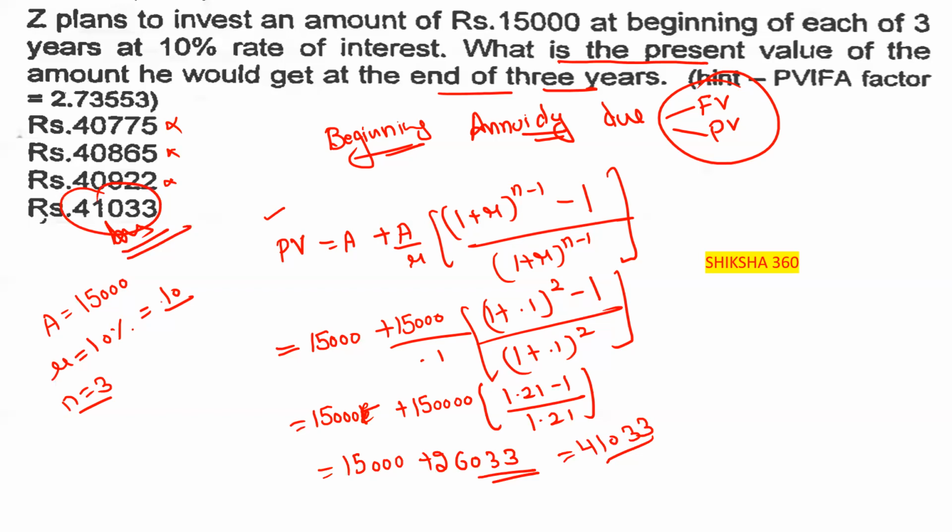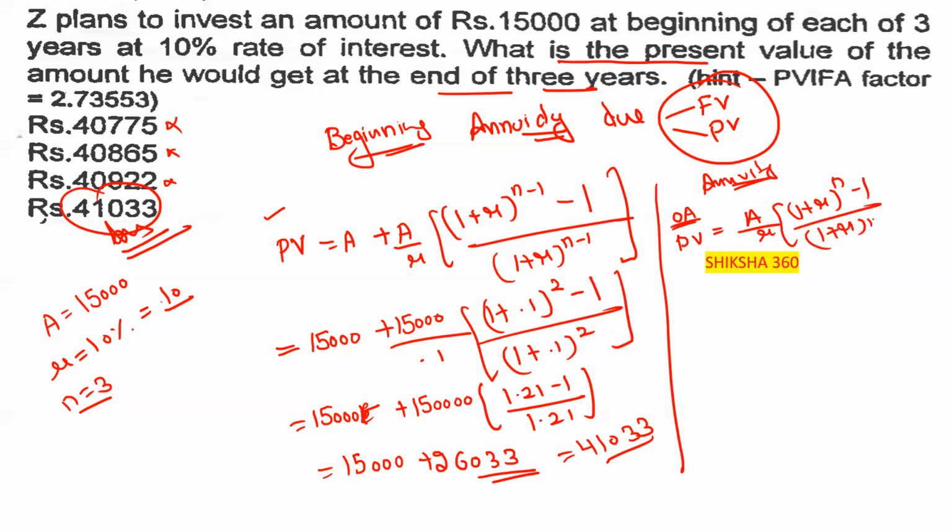In the examination, what we have to remember is which formula we have to apply. I will write here once again all the formulas of the annuity. First one is the ordinary annuity. The present value is A upon R into 1 plus R power n minus 1 upon 1 plus R power n.